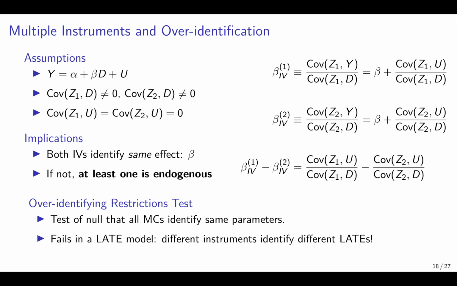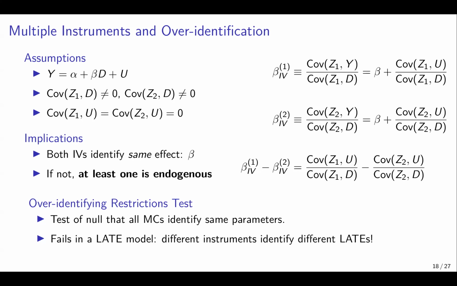All right, so what does this tell us? Well, if that difference is not zero, then it must be the case that at least one of Z1 and Z2 is correlated with U. How come?